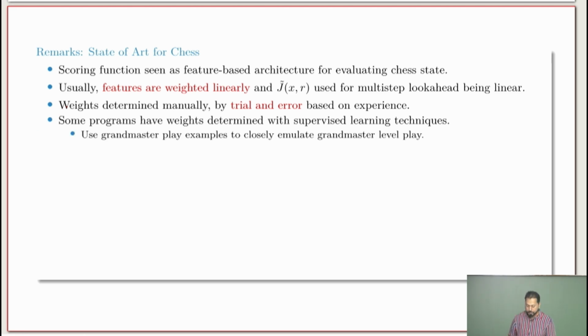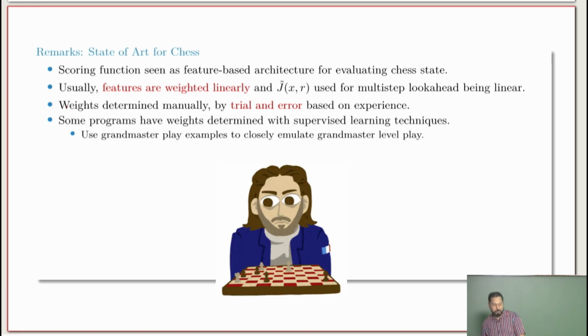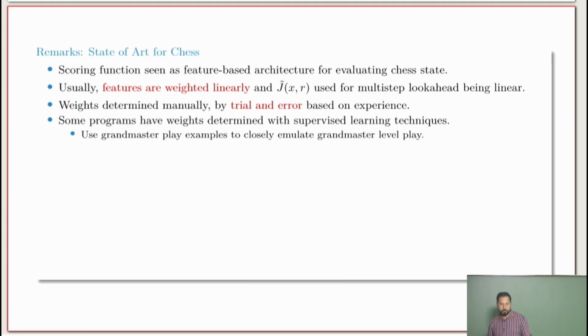For example, use grandmaster play examples. Grandmaster play could be seen as a level that you may want to emulate. But remember that the idea here is to predict the estimated cost, and to improve on that, obviously. The grandmaster is giving you an approximate cost, but with rollouts you may improve on that. In a challenging RL framework, the bothersome part is how to compute the cost or the policy estimates, so we need a cheaper way to compute that.